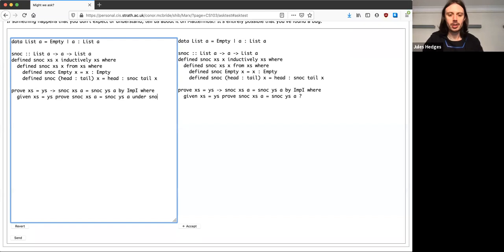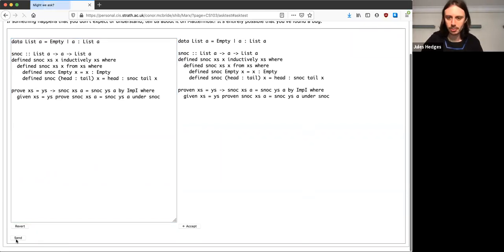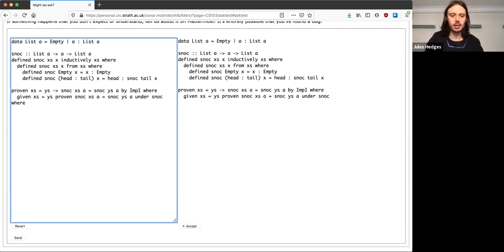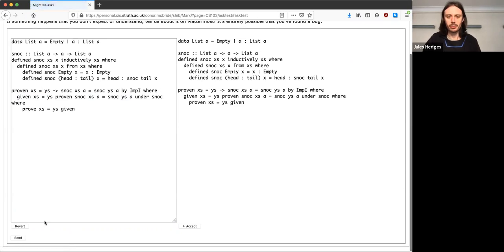So I can say under snuck to make progress. And actually, ask will accept this now as a complete proof. But there's a missing line here, which is invisible, which is prove xs equals ys. That's the thing that we would need to do for under, because the second inputs are identical. And this is given because here it is. So that's the complete proof.